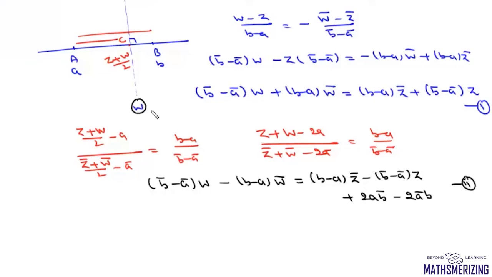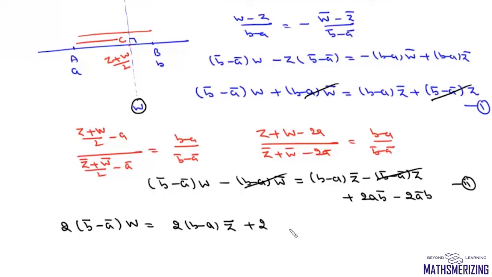Now we need to find this W. So what we'll do is add these two equations, then the (B minus A) W bar will cancel. So we can write 2 times (B bar minus A bar) W will be equal to 2 times (B minus A) Z bar. The (B bar minus A bar) Z will also cancel, and then plus 2 (A B bar minus A bar B).